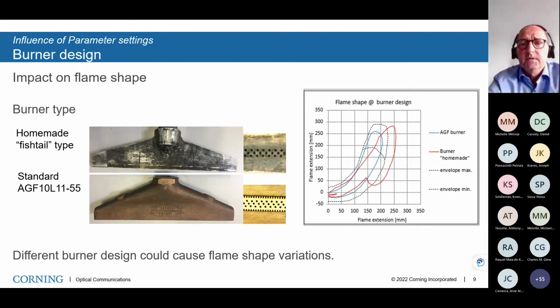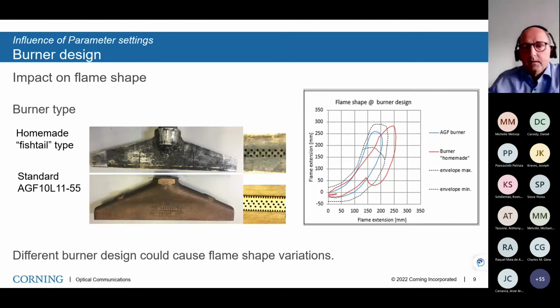In this case, the shape lies outside the accepted envelope, given with the dotted line here. For comparison, a typical flame shape of an AGF burner is added into the plot, the blue line. This example should demonstrate that different burner designs could cause flame shape variations. This can result in a flame shape outside the accepted envelope.